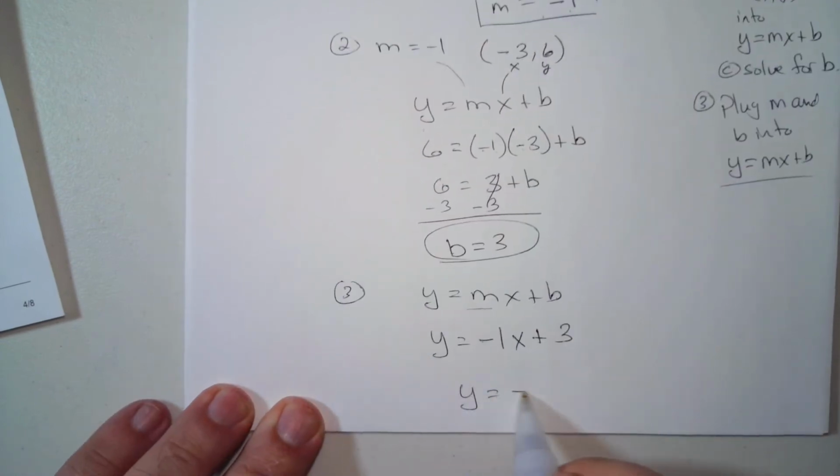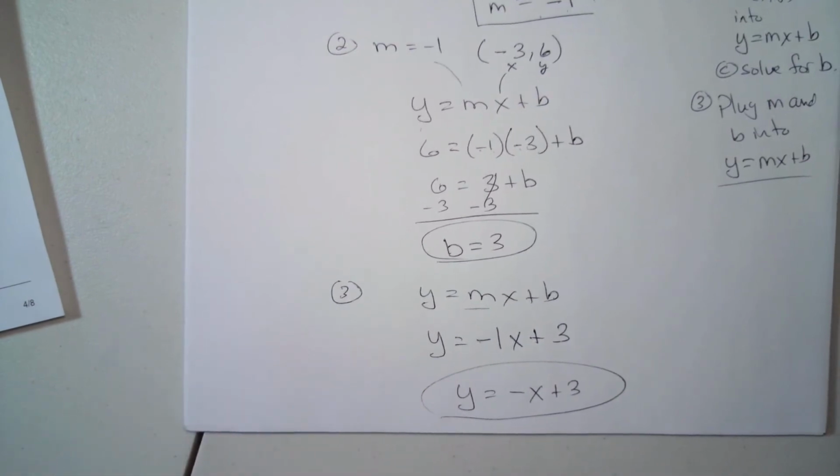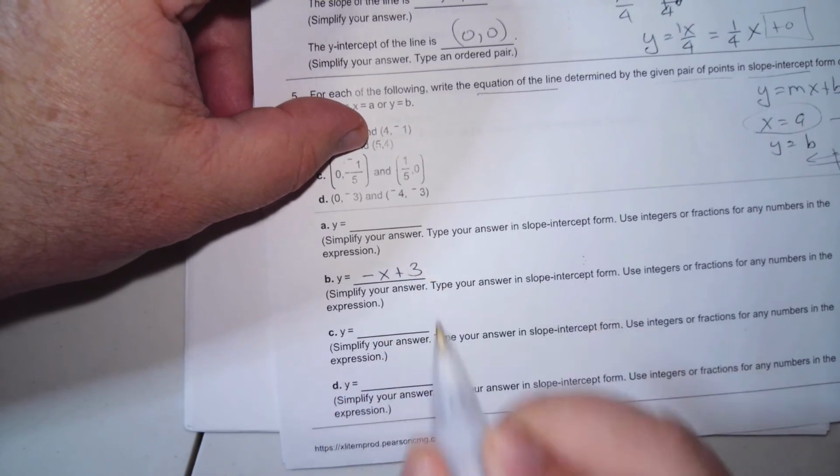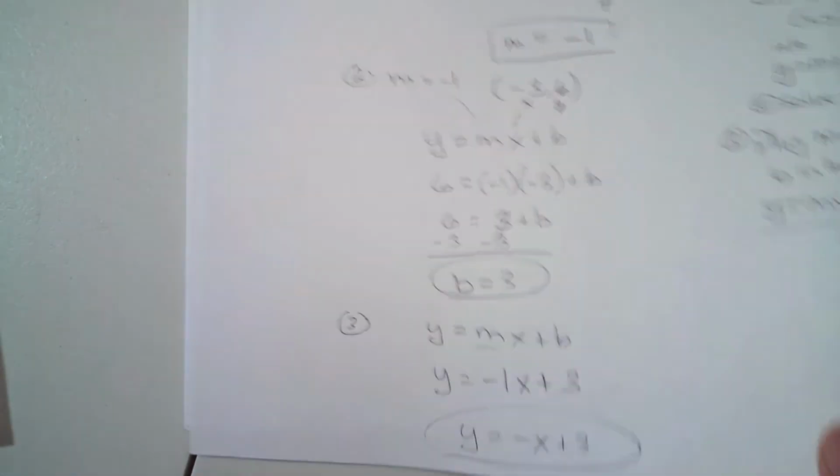So y equals negative x plus 3. There's my equation. Y equals negative x plus 3. That's the first one.